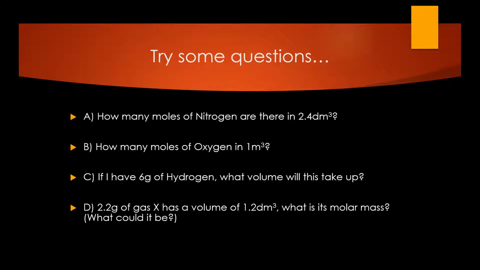In B, you have to work out how many cubic centimeters or how many cubic decimeters there are in a cubic meter. So a cubic meter will be 100 centimeters cubed. So 100 times 100 times 100, which is a million. Okay, 10 to the 6.